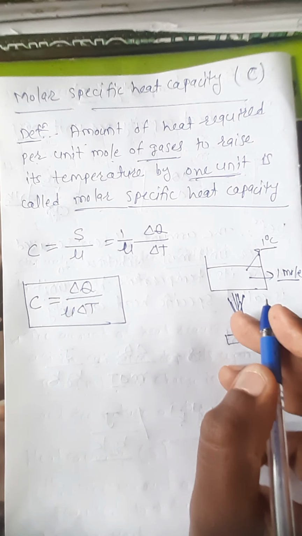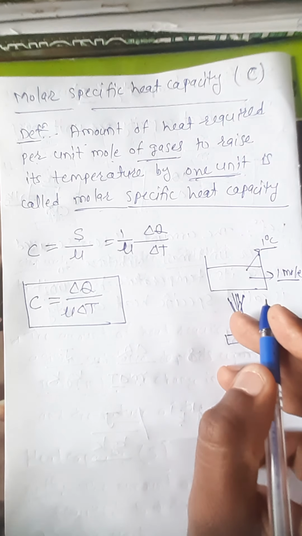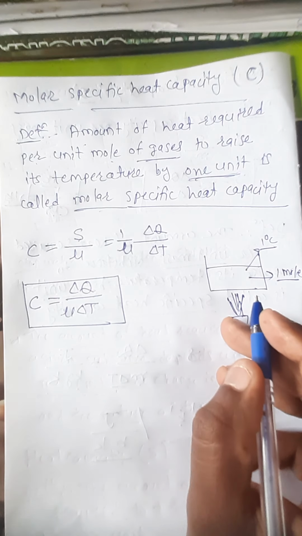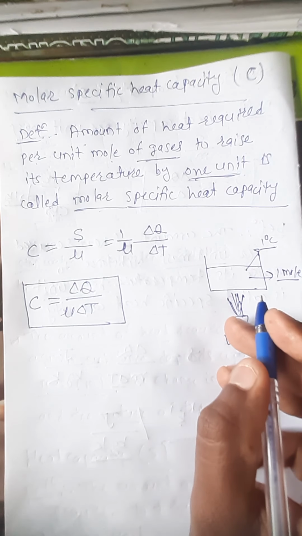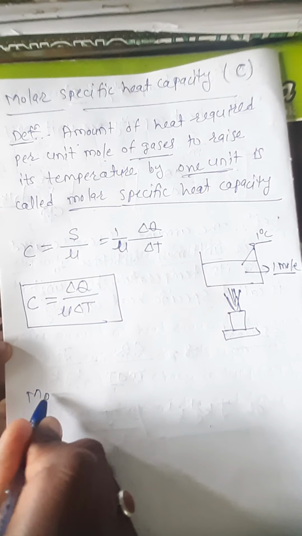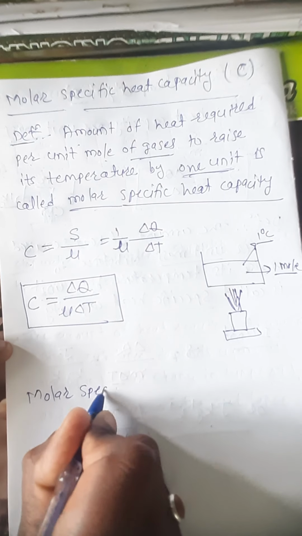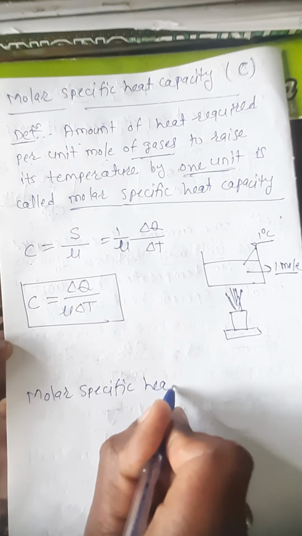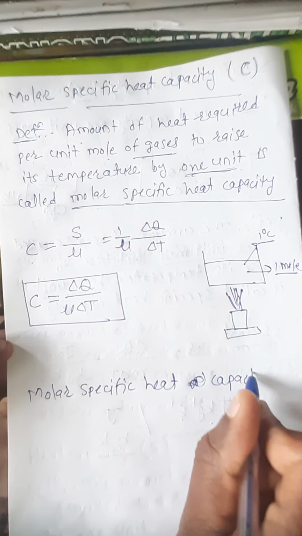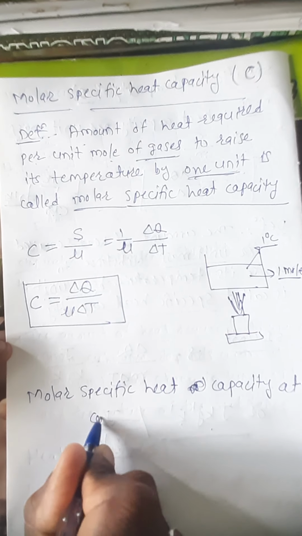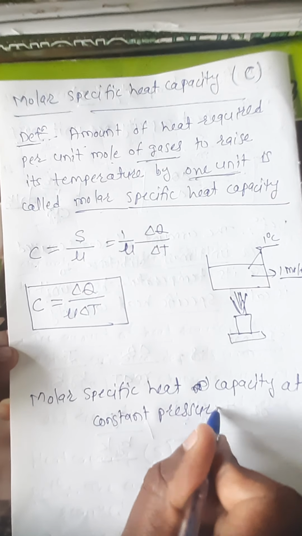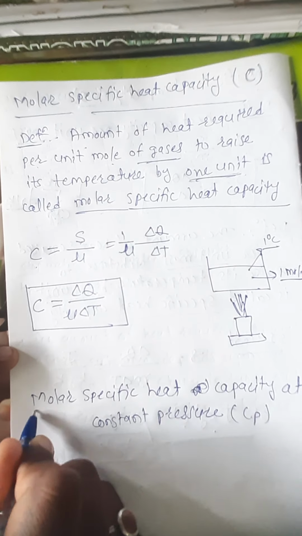Now if you want to put the gas at a constant pressure, and find out the molar specific heat capacity, then that is known as the molar specific heat capacity at constant pressure. This is known as Cp.